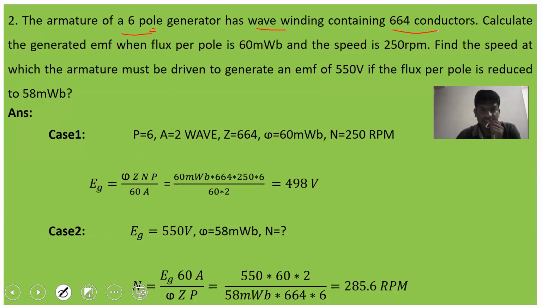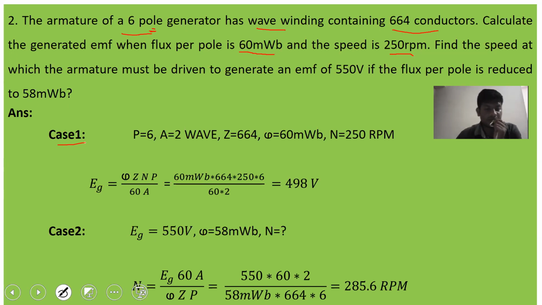Calculate the generated EMF when the flux per pole is 60 milliwebers and the speed is 250 rpm. That is the first case, so in case 1, calculate the generated EMF.